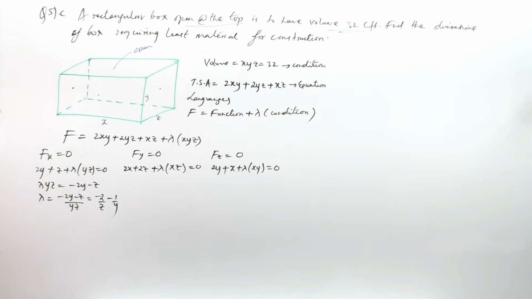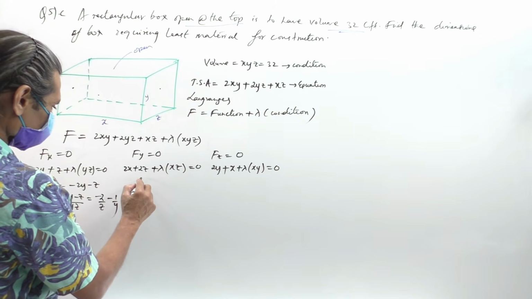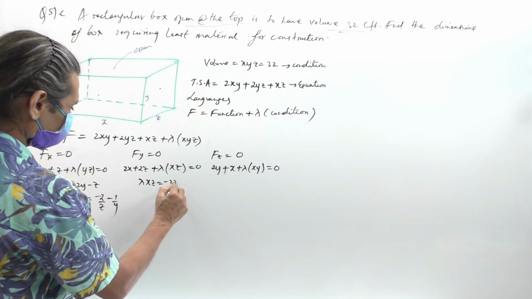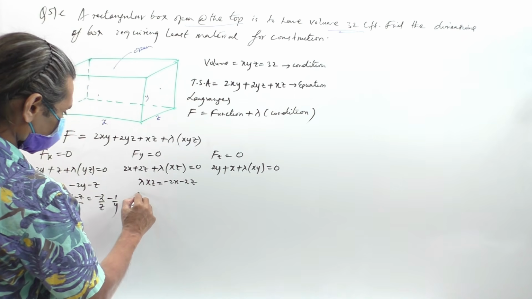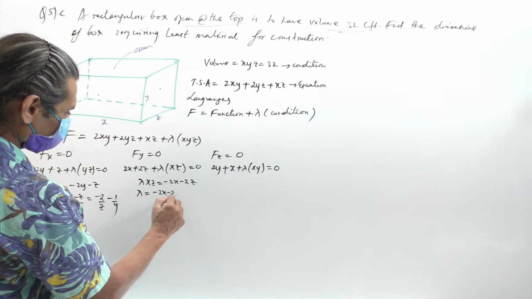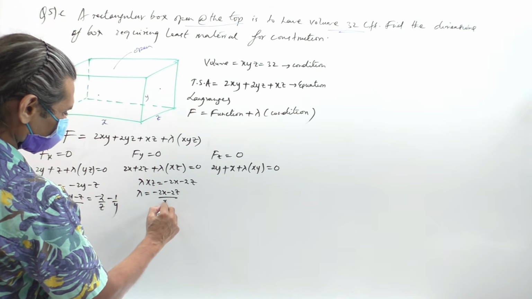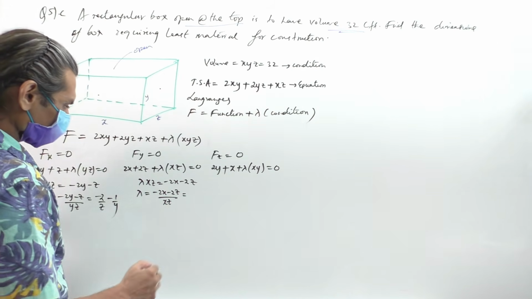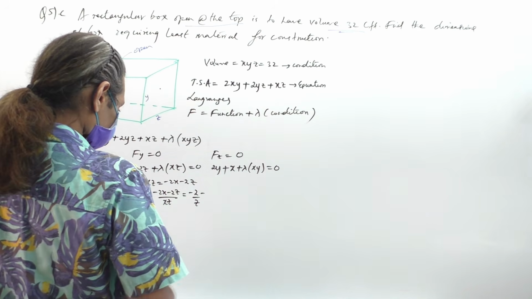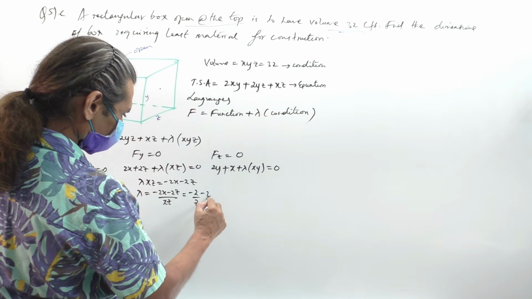This is one value of lambda. Similarly, lambda xz equals minus 2x minus 2z, so lambda equals minus 2x minus 2z divided by xz, which is minus 2 by z minus 2 by x.